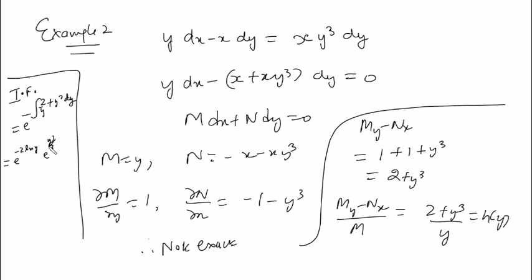And so this will be e raised to power y cube by 3, divided by y square. Because e and log you can always balance with each other. So minus 2 goes into the power, so 1 by y square. So y square will come in the denominator.